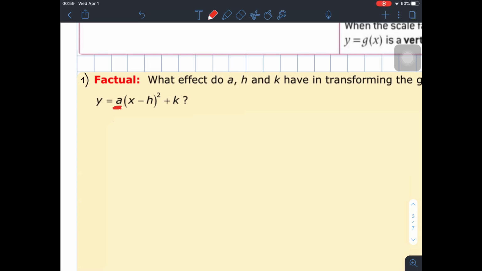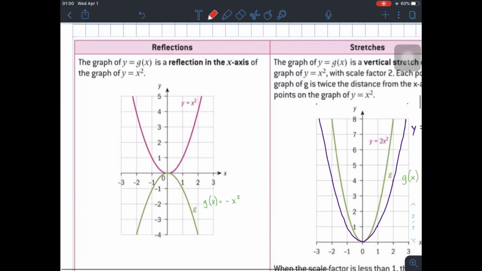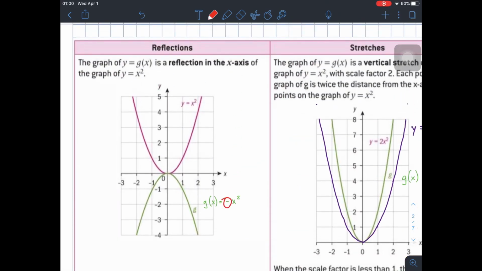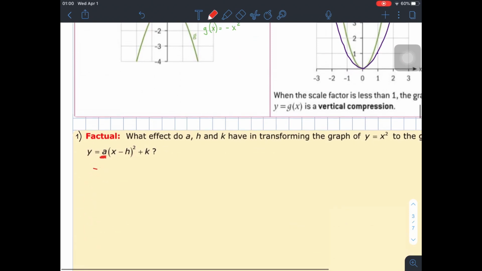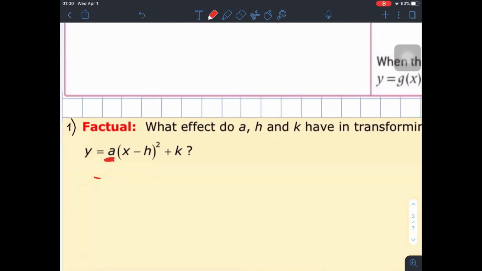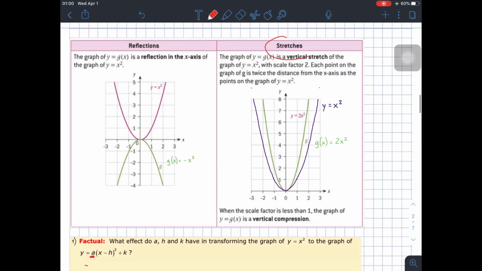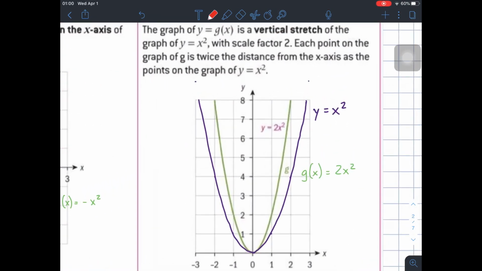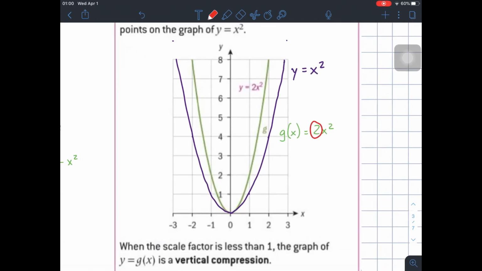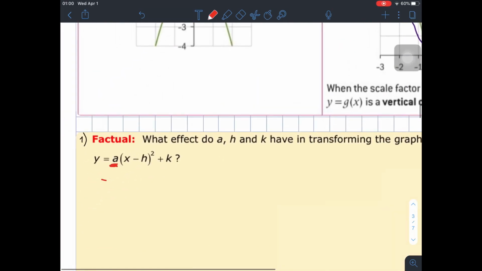If a, for example, has a negative sign in front, we're going to be applying a reflection, right? We're multiplying by a negative number in front, so we're doing a reflection. And if a is a number different from 1, we're going to be applying a stretch, right? In this case, for example, the value of a was positive 2, so the graph was stretched, right? So that's the function of letter a.